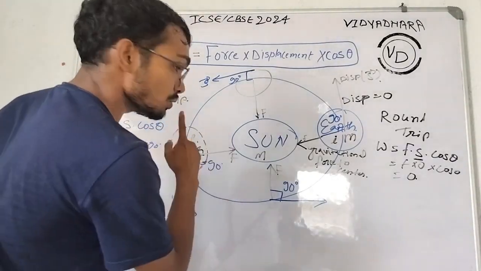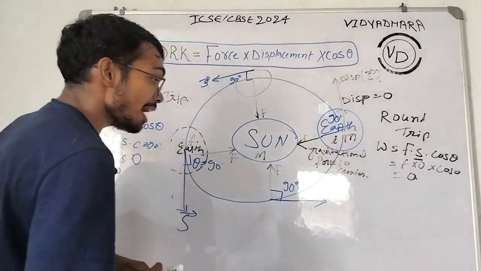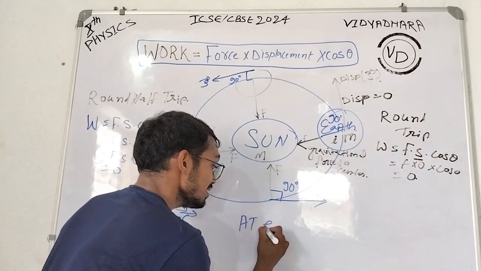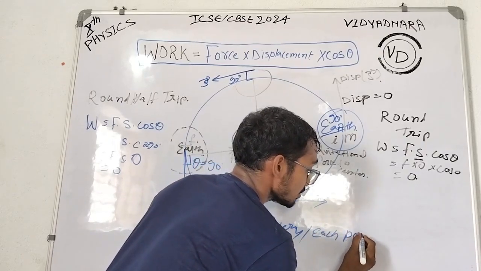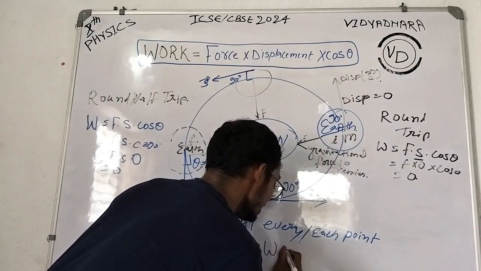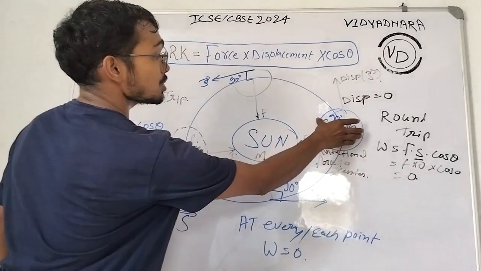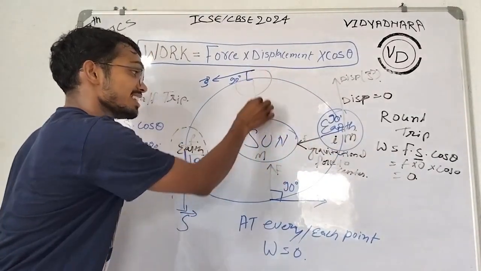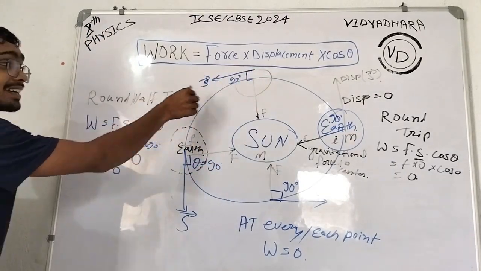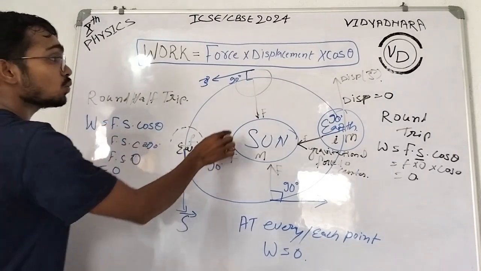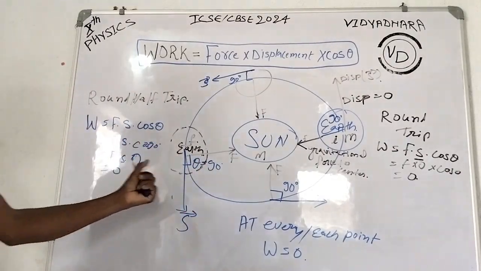One important point to note down is that at each point, work done is equal to 0 because of 90 degree. At each position of the earth, force is acting towards the center and displacement is outward, like centrifugal force. So what is the theta among them? It is 90 degree and work done is 0.